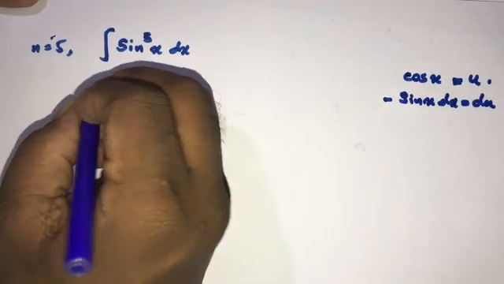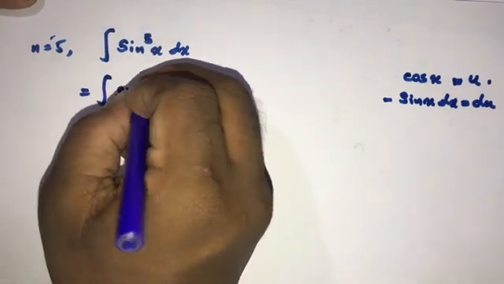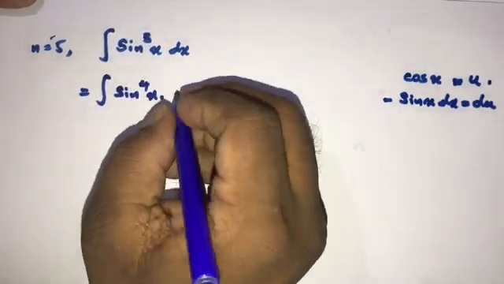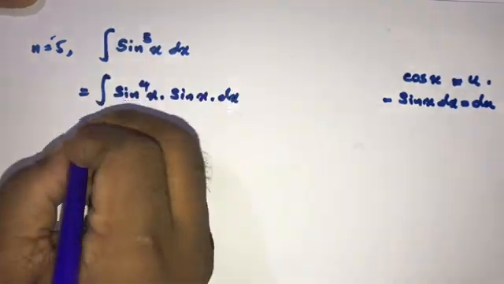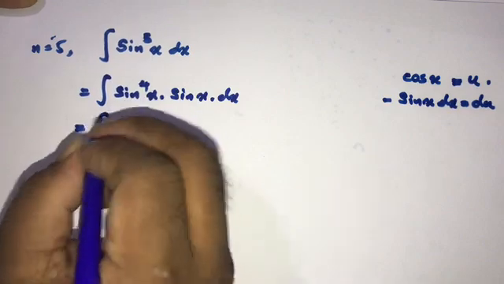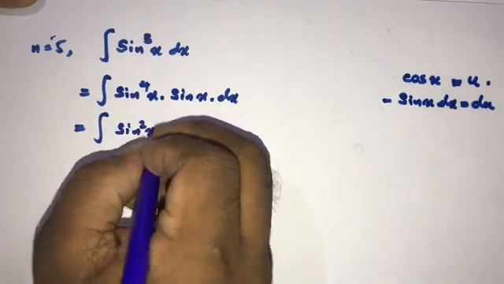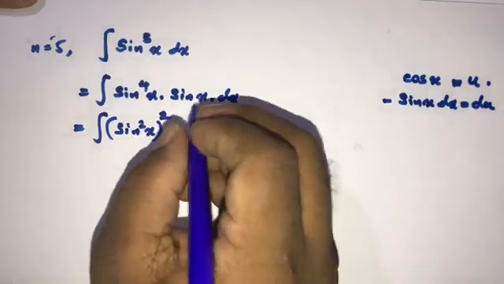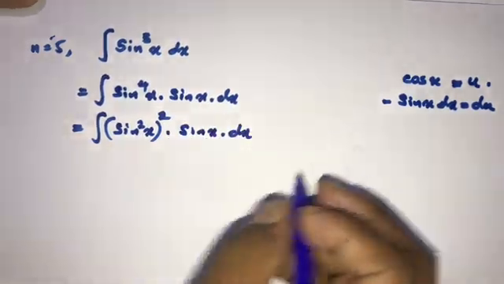Now we can write this as sine to the 4th power of x times sine of x dx, and now we know sine to the 4th power x is equal to sine squared x, all squared, times sine of x dx.